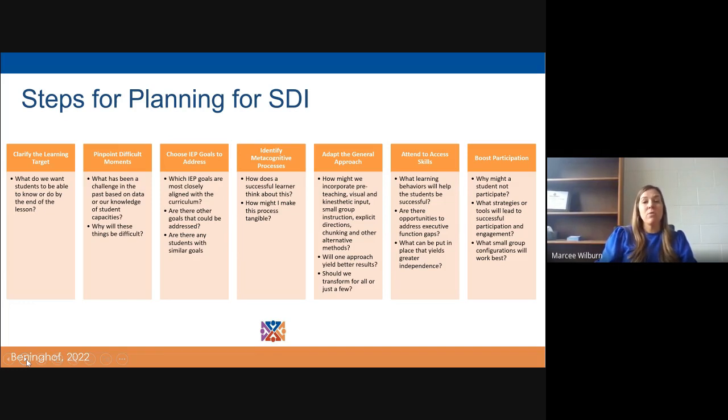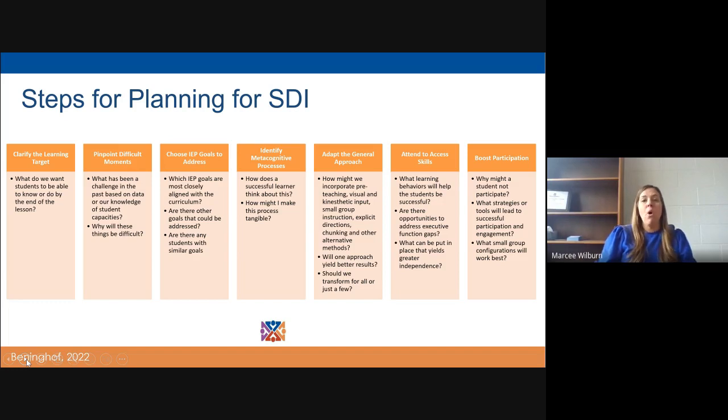Sometimes thinking through the metacognitive processes that happen, sometimes those are innate to us. When we're reading a paragraph and we don't understand it, we stop and go back and reread. But we need to teach that to our students. That teaching of metacognitive processes is also specially designed instruction when planned for.